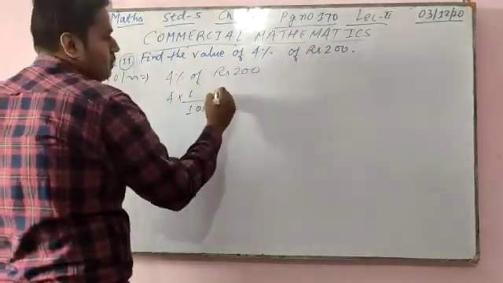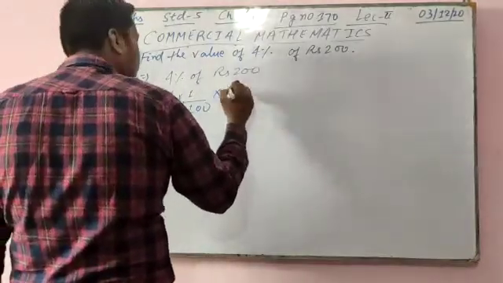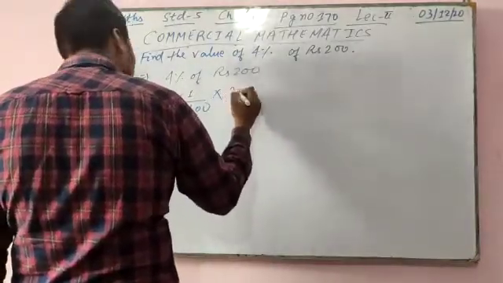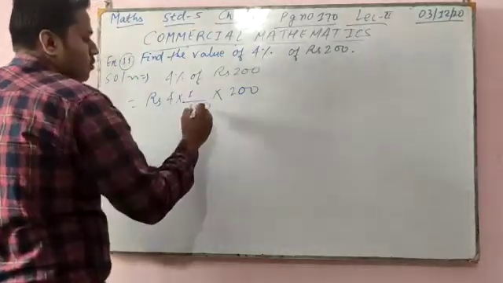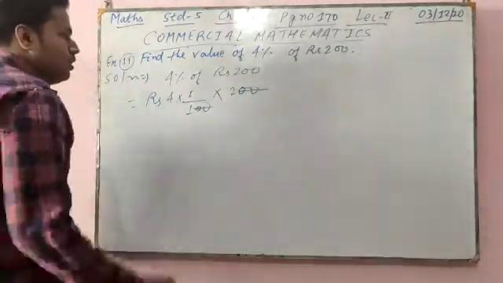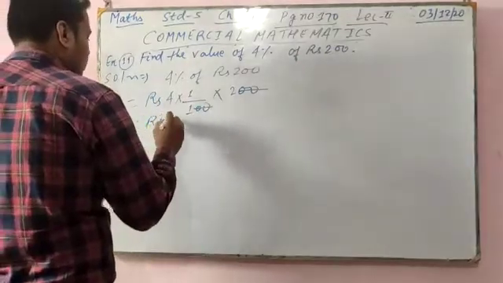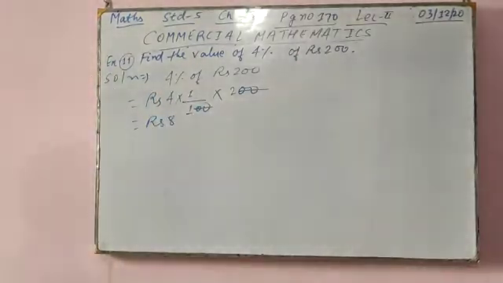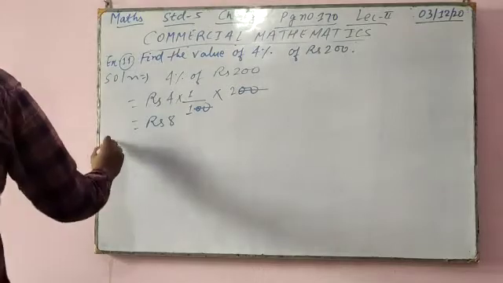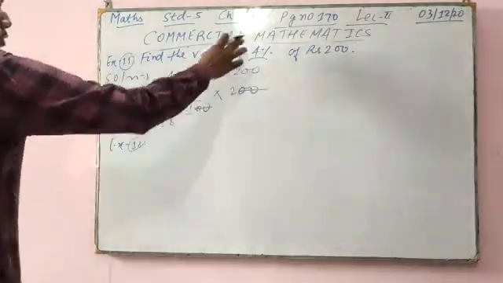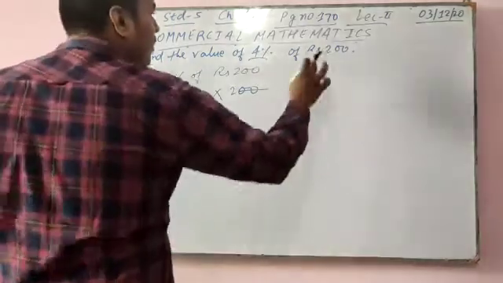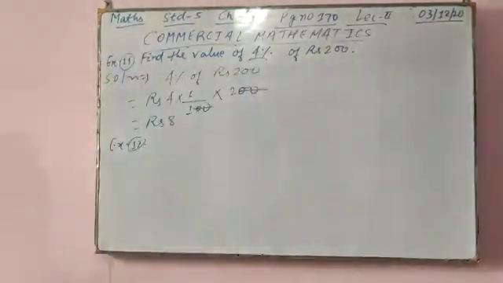Of means multiply into rupees 200. Okay, means 200, this I can write like this. So now from 20 times, 4 into 2, 8. So rupees 8 is your required answer. Very easy. Percent means divide from 100, and of means multiply.